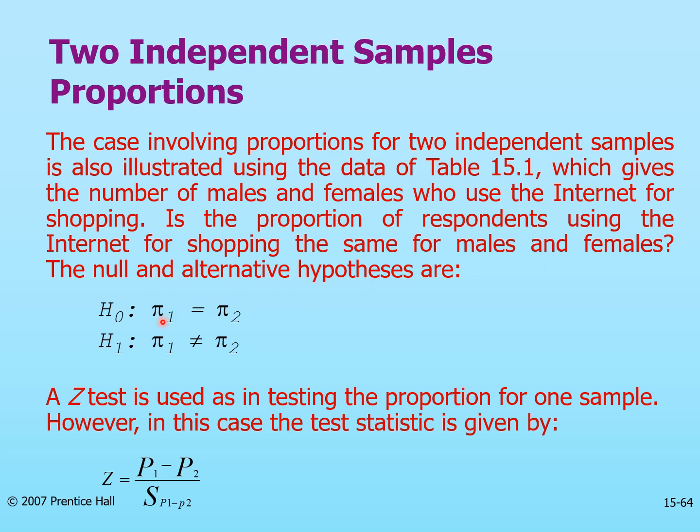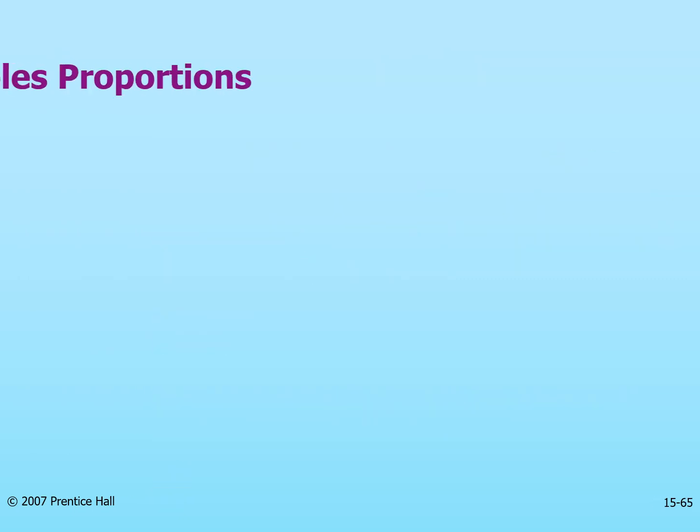Then we can say H0: pi1 equals pi2, and we use the Z test for the proportion of respondents using it. Now we are not seeing only the number of respondents, but the proportion of respondents. The Z test is used in testing the proportion for one sample. However, in this case, the test statistic is given by P1 minus P2 over the standard error.